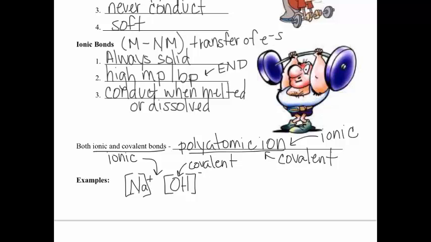Another example might be ammonium hydroxide. We have NH4, ammonium, and then hydroxide, OH minus. Now we have two polyatomic ions this time. Here we have nitrogen and hydrogen, both nonmetals, so within this it is covalent. And we have oxygen and hydrogen in the hydroxide, again both nonmetals, so within that it's covalent.